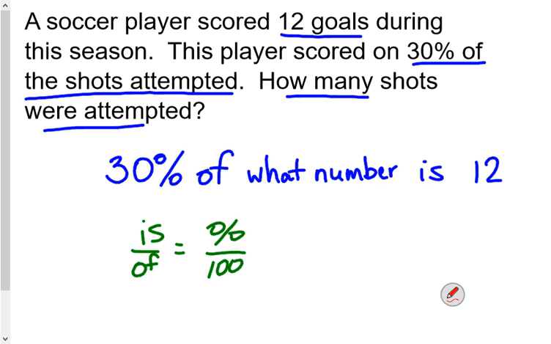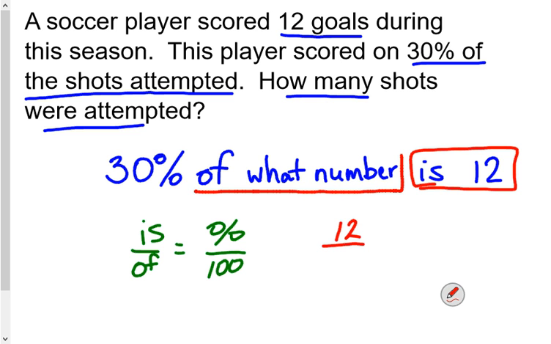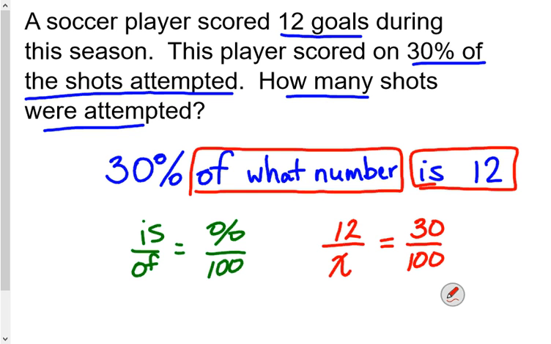So it says 12 is, here's our of, so of what number? So 12 is what part of some number, and it's specifically 30 out of 100 because it's 30%.